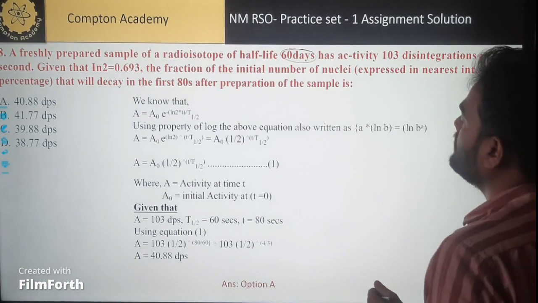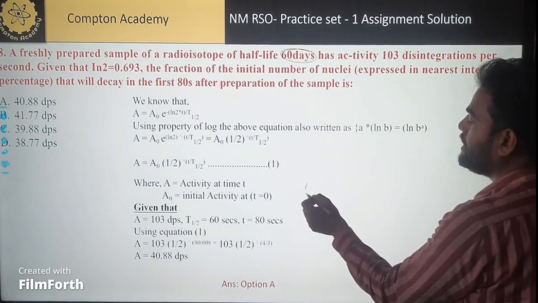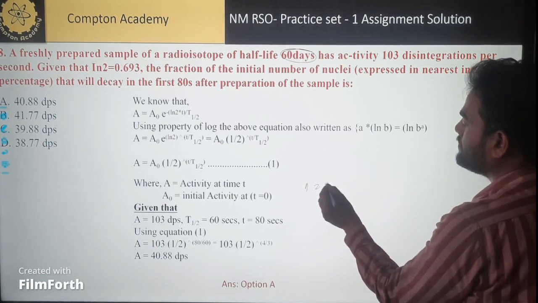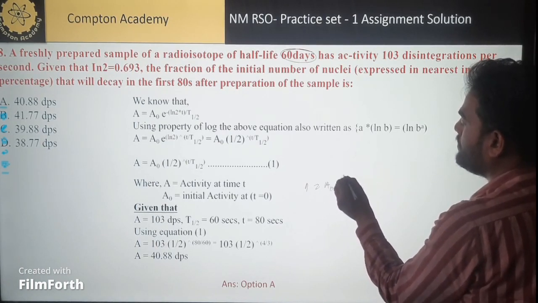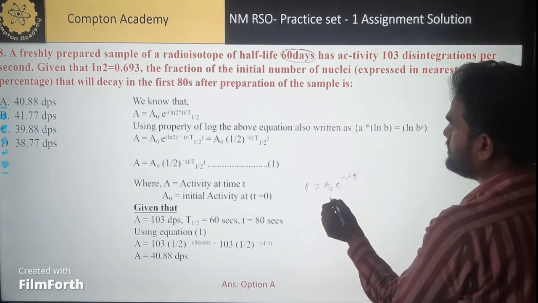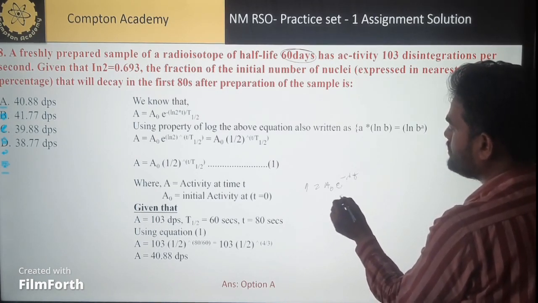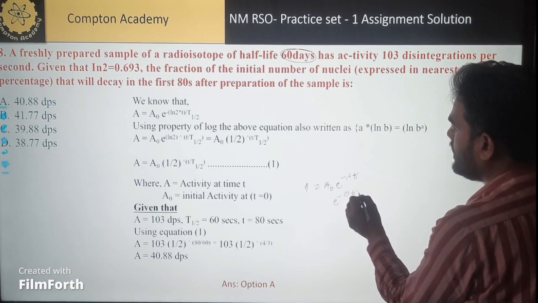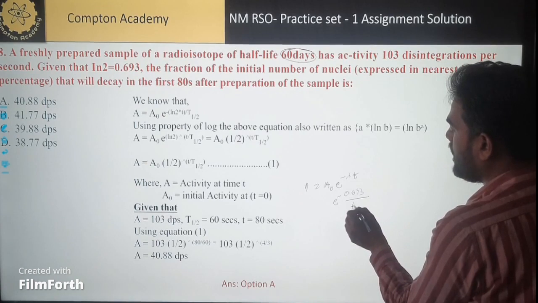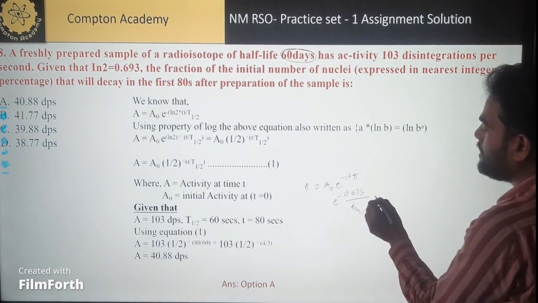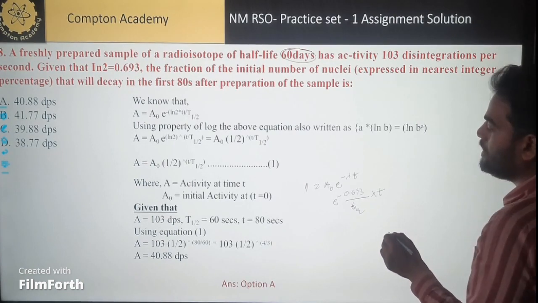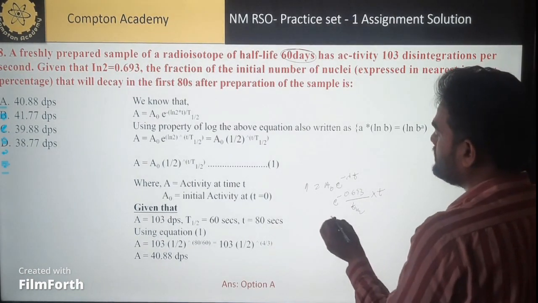During the calculation, you know that activity is defined as A equals A naught e raised to power minus lambda t. Here lambda is defined as 0.693, that is ln2, divided by T half. T half is the half life of this radionuclide, and t is the time after which the activity is asked.